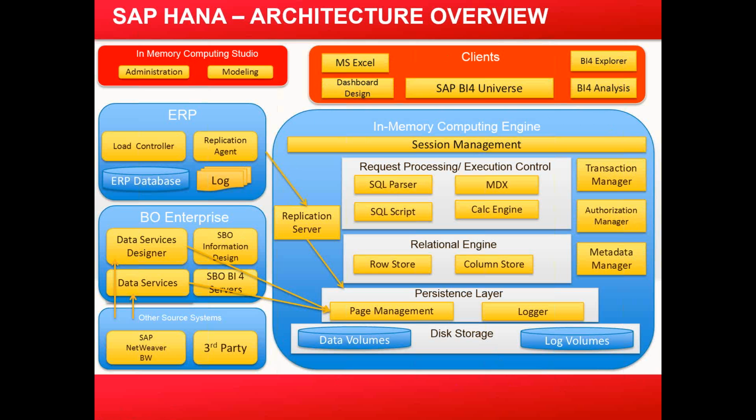Yes, Prakash. The BO enterprise. So you told like the data services or the BI directly for inserting the data and retrieving the data from presentation layer. If they want to use the MDX or any of the controller, it will use it for the reporting purpose.